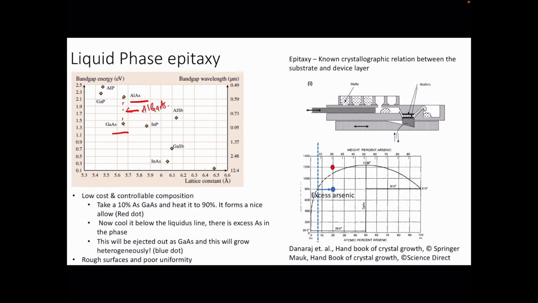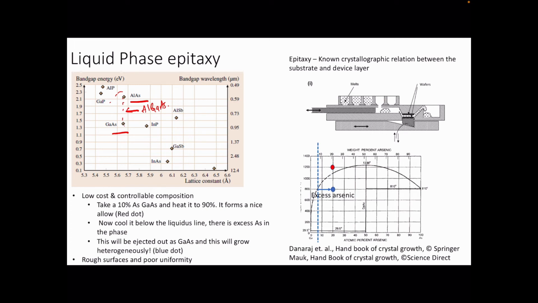The interesting aspect of this is, as you go from gallium arsenide to aluminum arsenide, as you change the gallium percentage from 1 to 0, you see that the lattice constant barely changes. So this set of materials, GaAs, AlGaAs and aluminum arsenide, is great for epitaxial growth purposes, and that is why it is being used in many light detection and light emission applications.